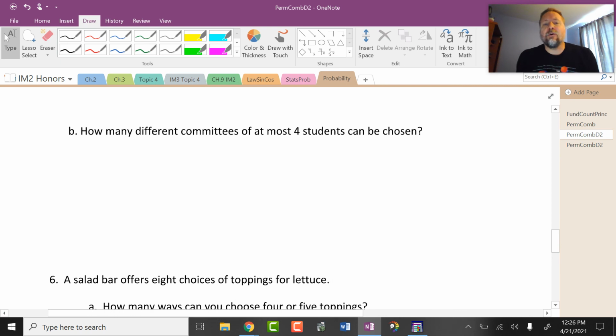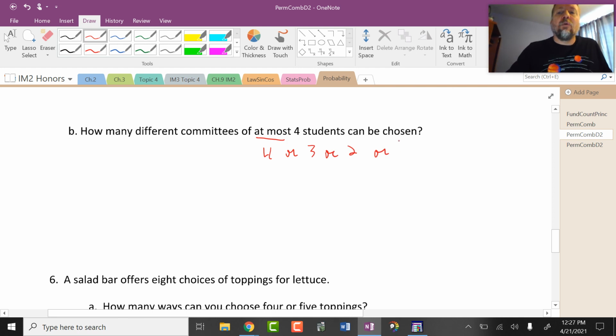Okay, so we do want to make a difference about... We really don't want to make a difference about the classes because it doesn't say so. It just says how many different committees could I choose at most four students. By the way, at most means four or three or two or one, and then this is where we have a problem.